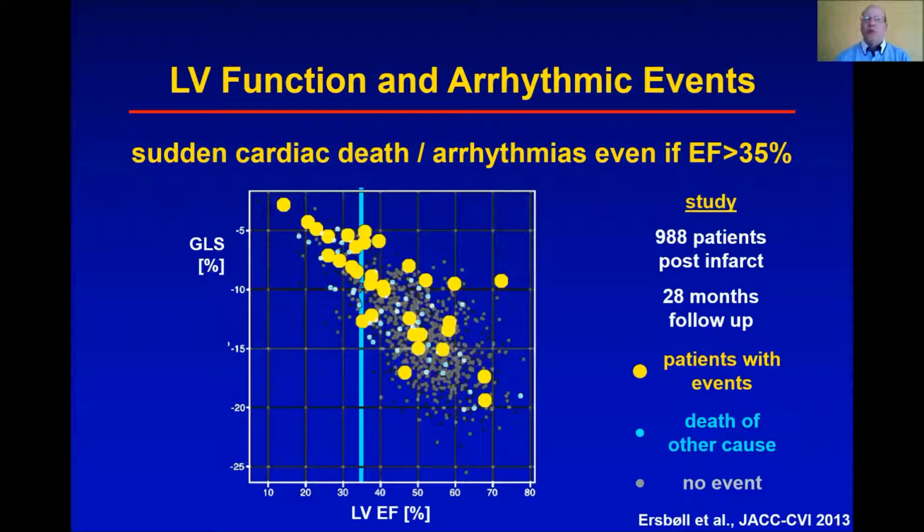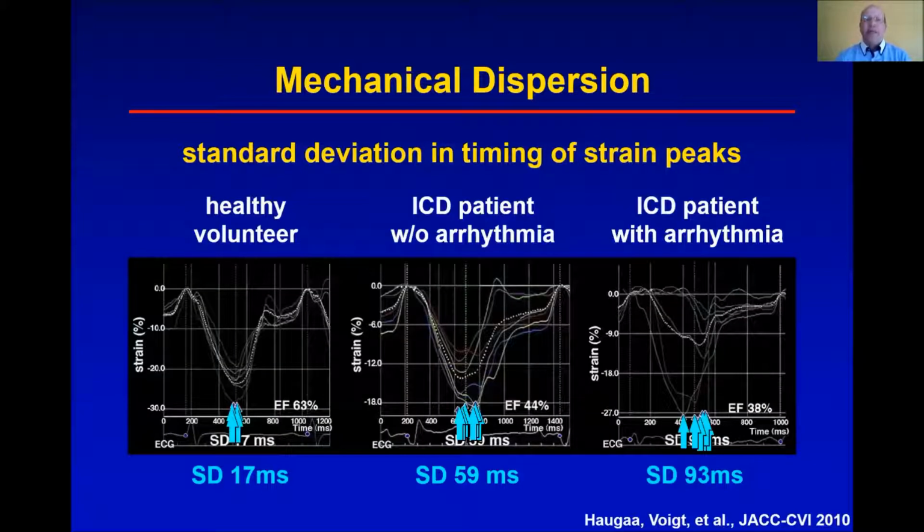So it's not a good parameter to decide if you should implant an ICD or not. If you look at dispersion, you can identify patients in whom you can expect an arrhythmia or who are unlikely to develop arrhythmias. This has been shown in a large study with almost 700 patients.